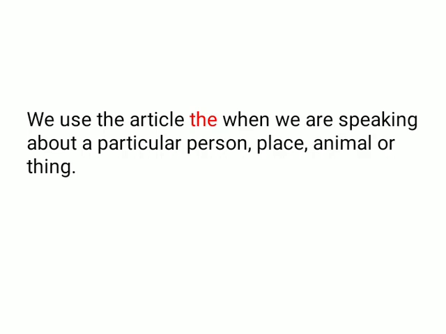Here, the article the is used when we are speaking about a particular person, place, animal, or a thing. The window denoted a particular thing, the country I visited denoted a place, and the story of the rabbits denoted the animals.